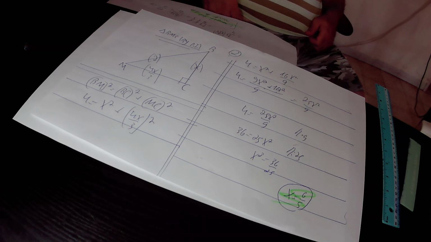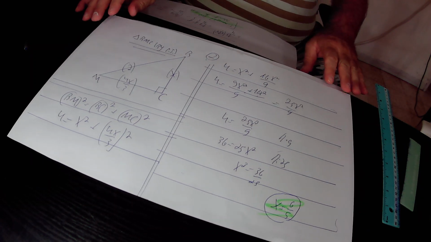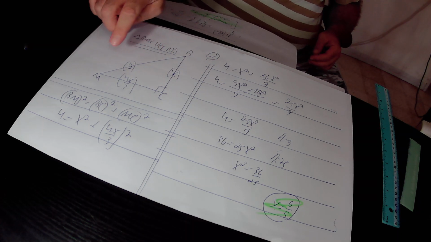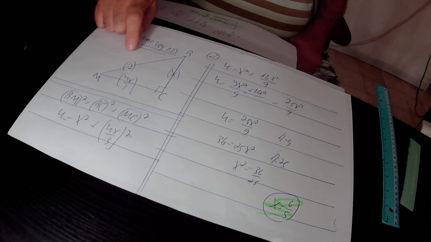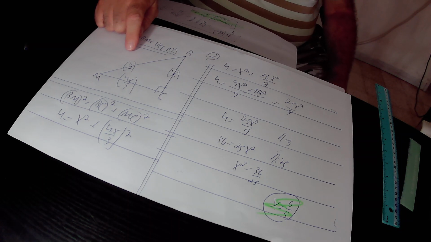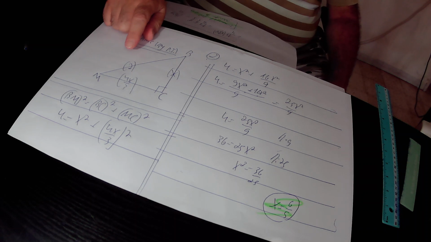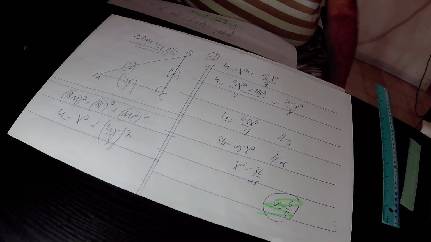From the Pythagoras theorem, BM squared, that is the square of the hypotenuse, equals BC squared plus MC squared. BM is 2, therefore BM squared is 2 squared, that is 4. BC is x, therefore BC squared is x squared. MC is 4x over 3, therefore MC squared is 4x over 3 squared.